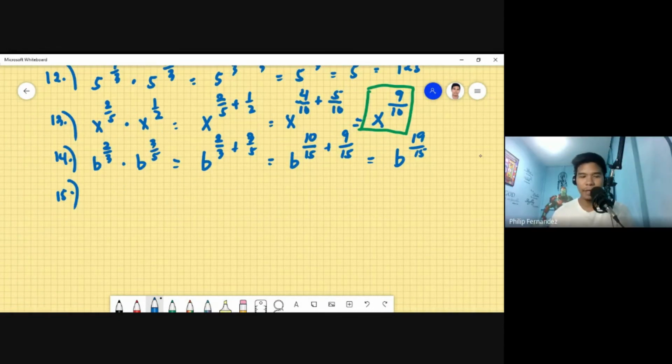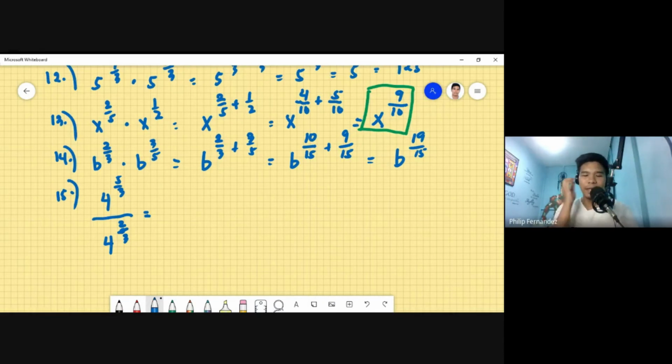Okay, so we have here 4 raised to 5/3 over 4 raised to 2/3. Dun sa nakapanood ng video lesson last time, ano ang i-apply nating law? Quotient of powers. So, sana alam ng iba. Tingnan natin. Sa quotient of powers, anong ginagawa sa exponent? Subtract. Okay, so we subtract.